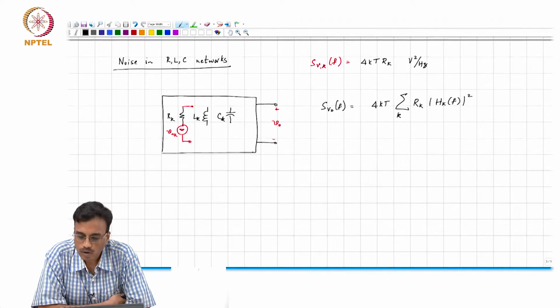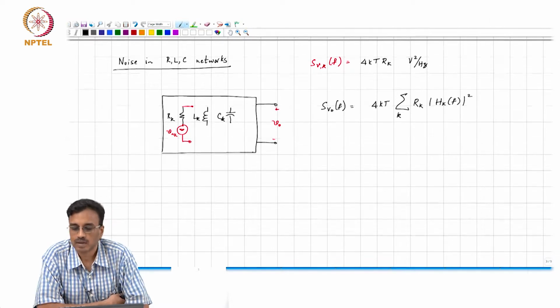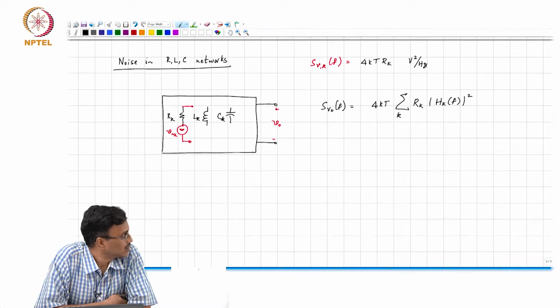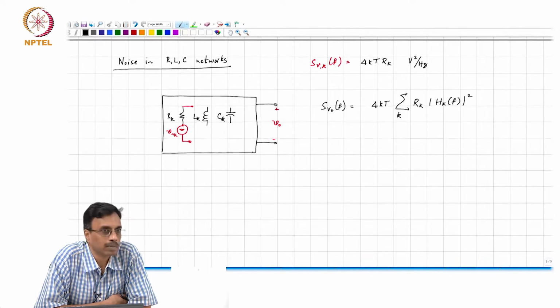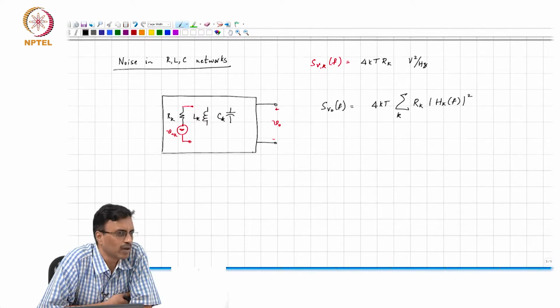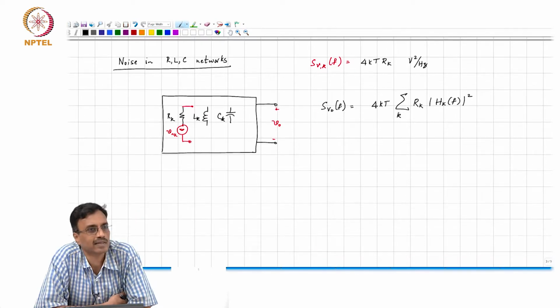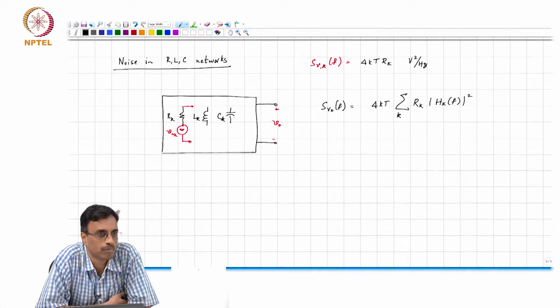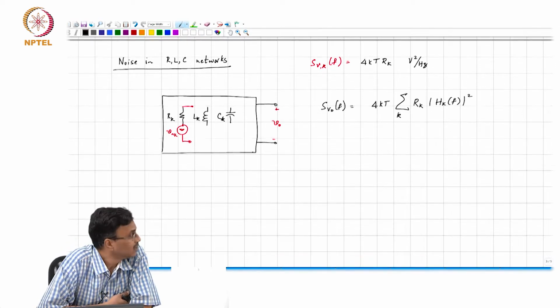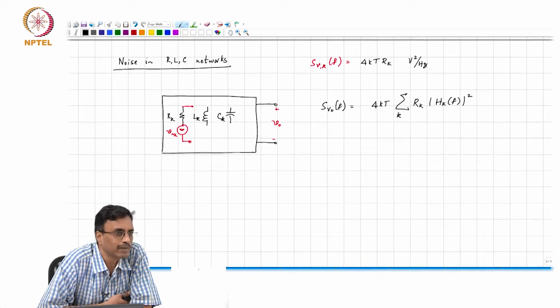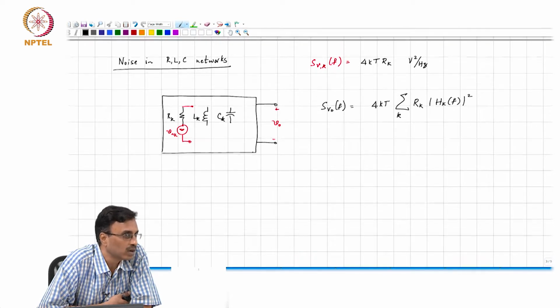Okay. So, there is one aspect of the whole problem that we have not exploited yet. What is that? Well, this is true for any network, right? If you have multiple sources, you find the noise spectral density at the output due to each source and you add them. There is nothing new here, right? There is one aspect of the problem that we have not exploited yet, and what might that be?